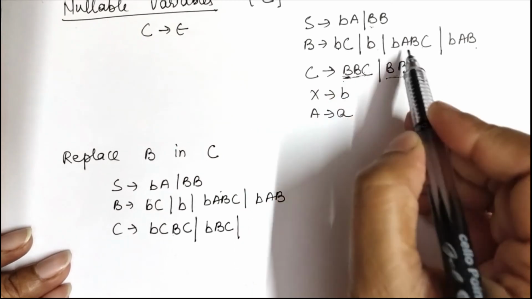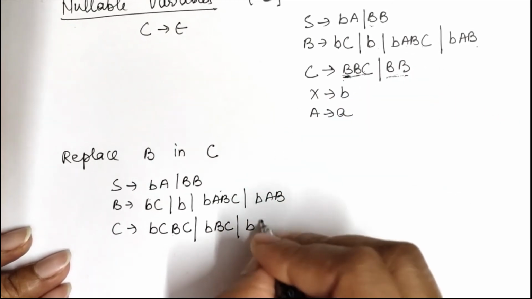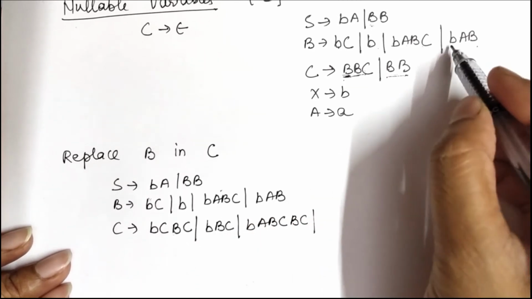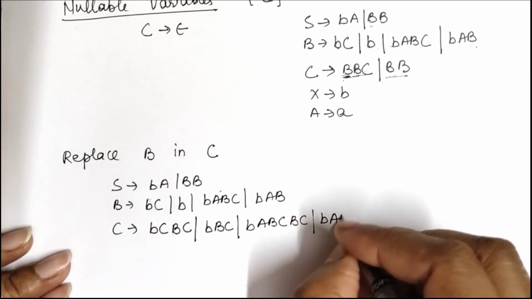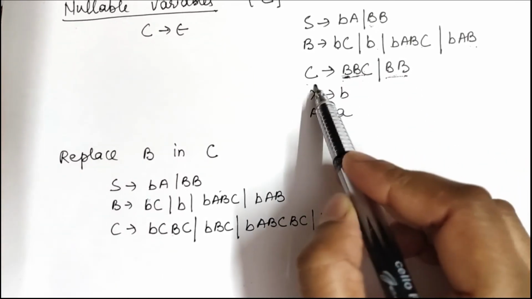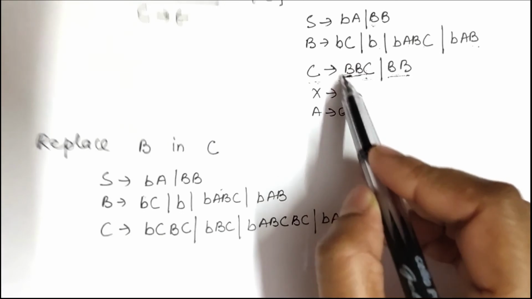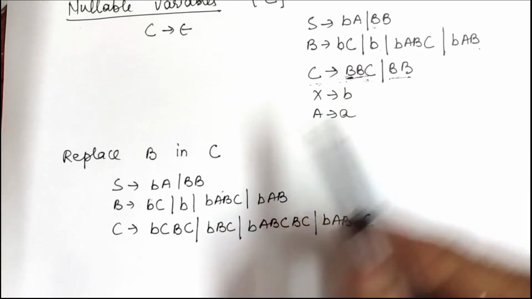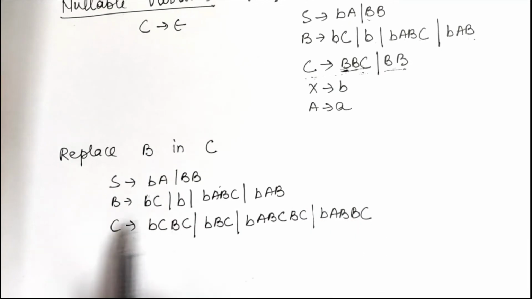Now in place of this B I am taking this production, so BABC BC, or this production BABBC. So for this particular production we have to substitute the capital B grammar and take this result.